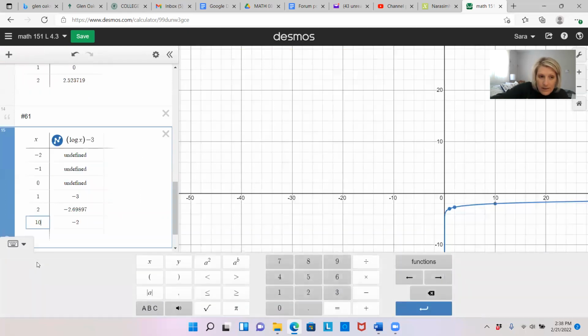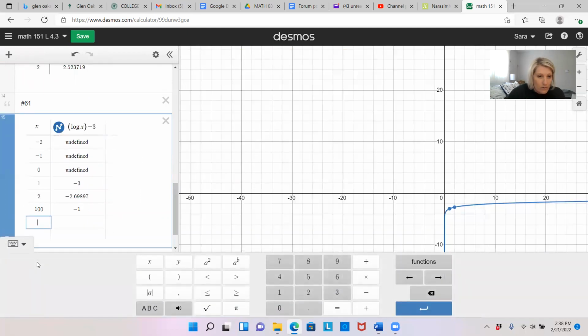Let's put in 100 and see if we've crossed the x-axis yet. Oh, we're at negative 1. It took us from 1 to 100 on x to go from negative 3 to negative 1. So let's put in 1000. Oh, we're at 0. Oh, I got lucky. I found the x-intercept. So that's pretty cool. There's our x-intercept.